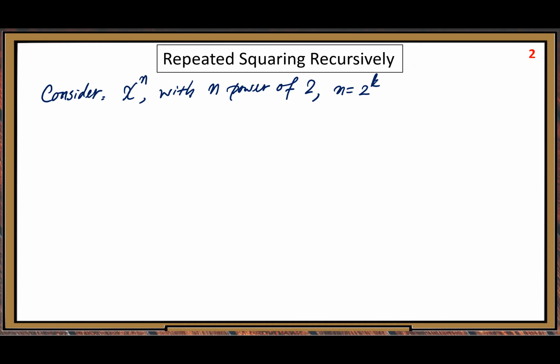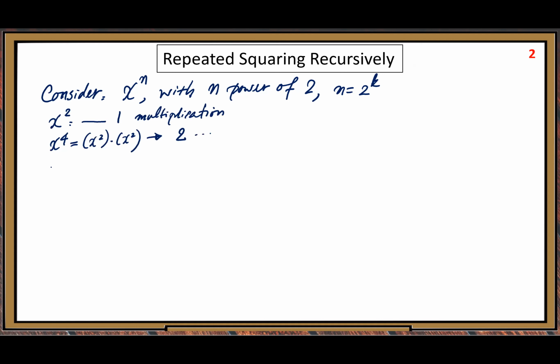All right, so now x squared the first time, 1 multiplication. X to the 4th equals x squared times x squared, so you can see 2 multiplications.